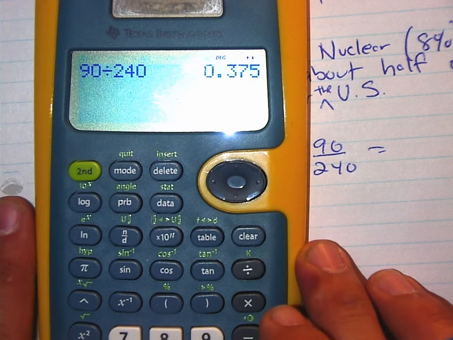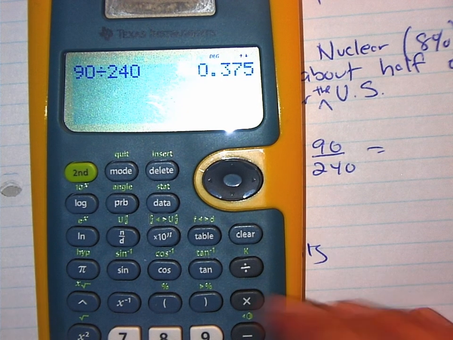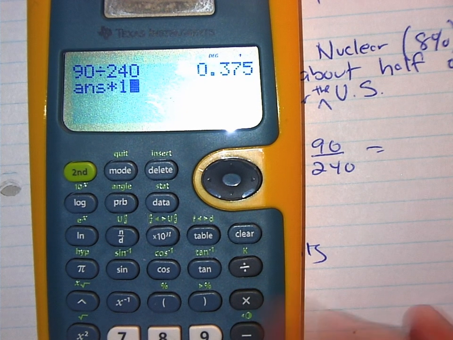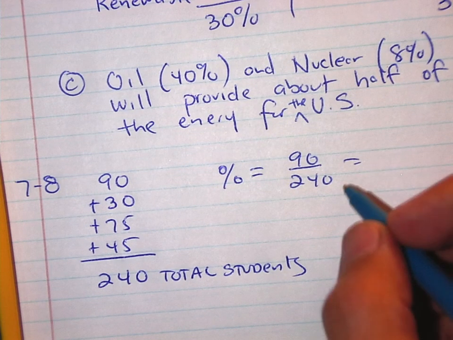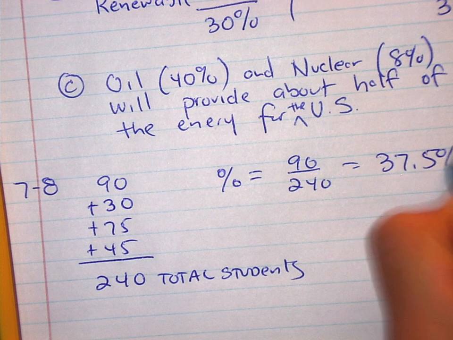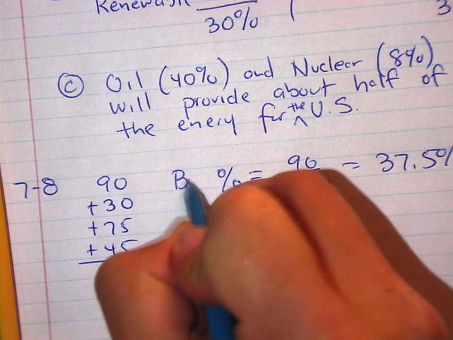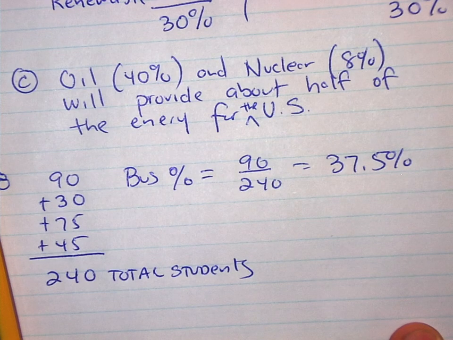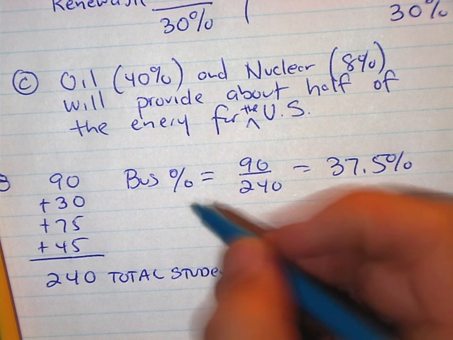But then I have to multiply by how much? 100. And that gives me 37.5. So this is the bus percent, 37.5.